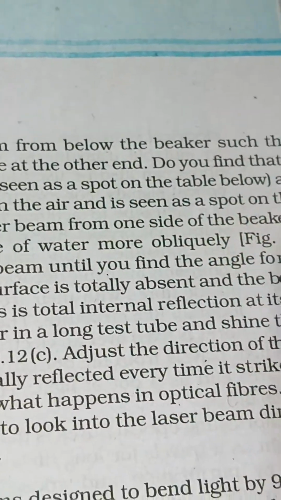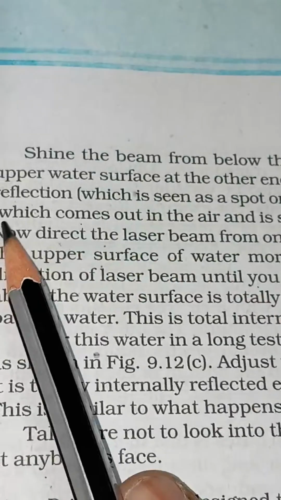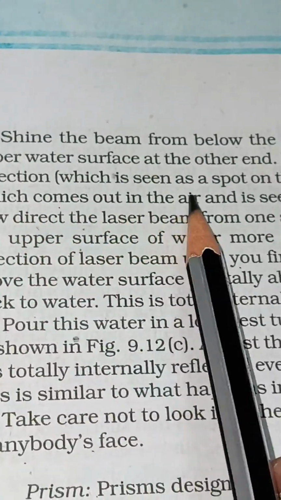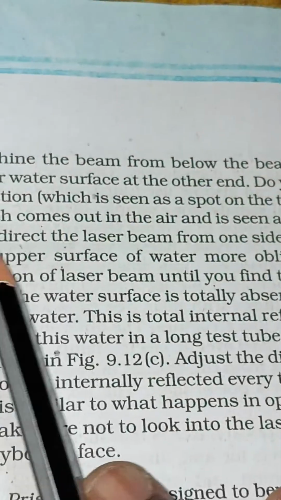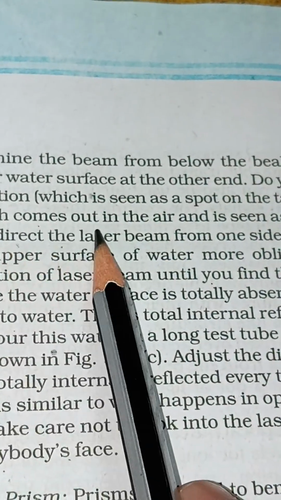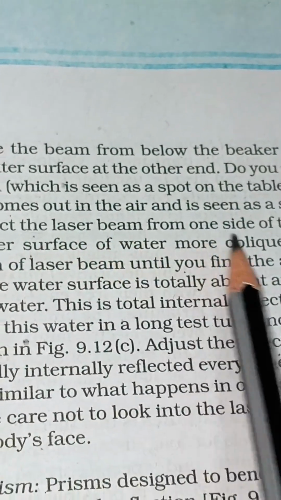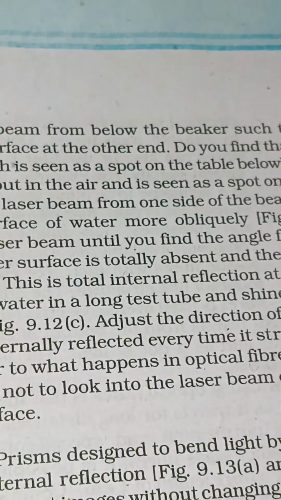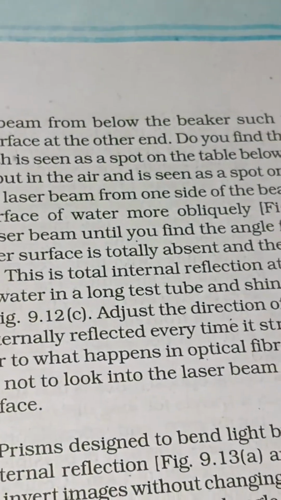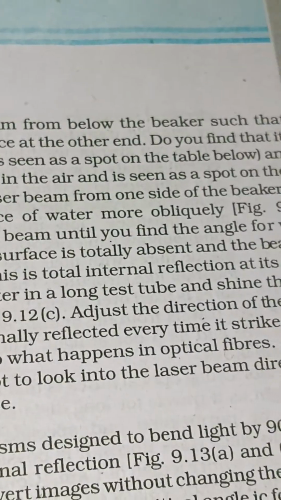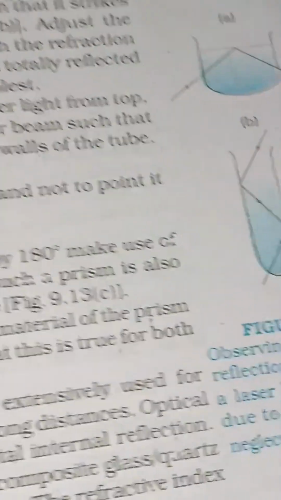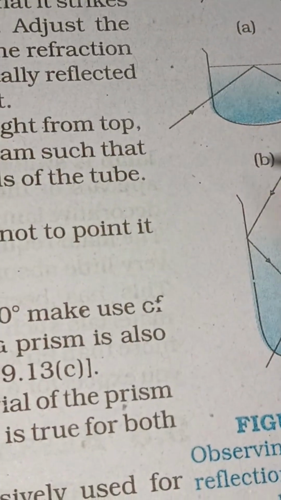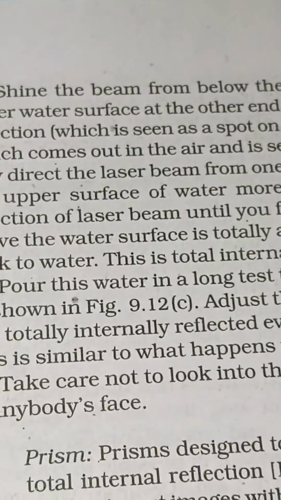You find that it undergoes partial reflection, which is seen as a spot on the table, and partial refraction, which comes out into the air and is seen as a spot on the roof. This is figure 9.12(b), and we are talking about A, B and C one by one. Next we will continue.